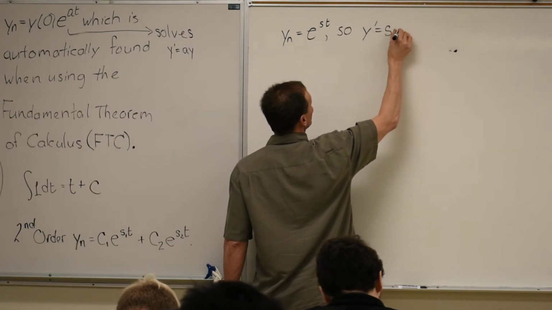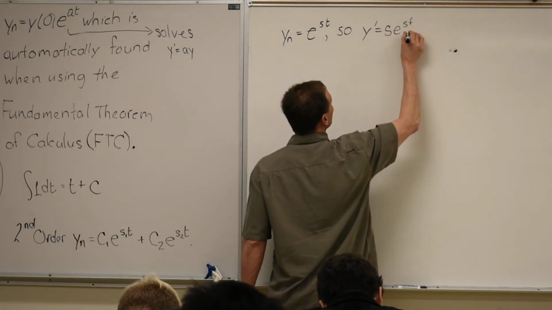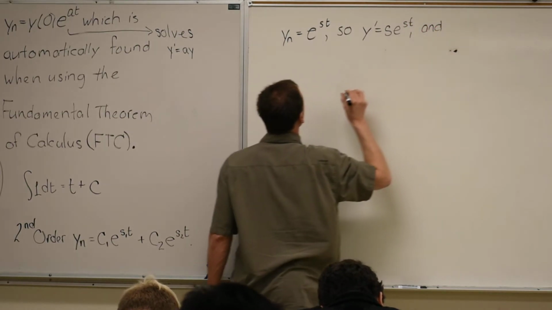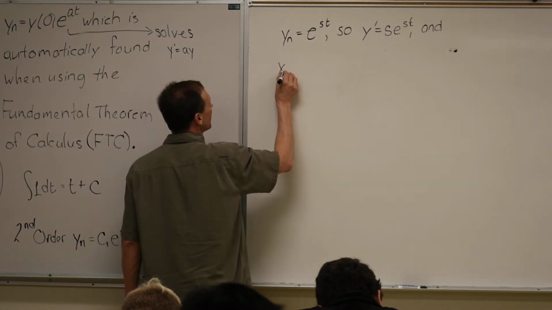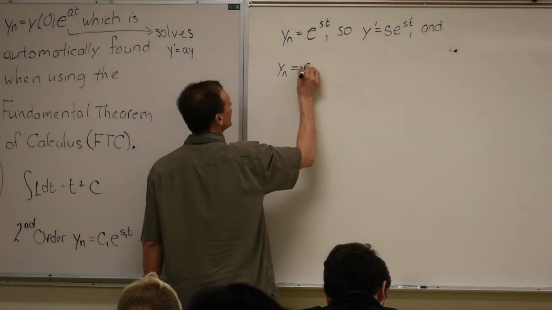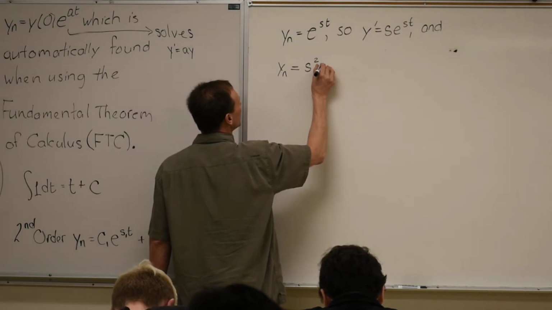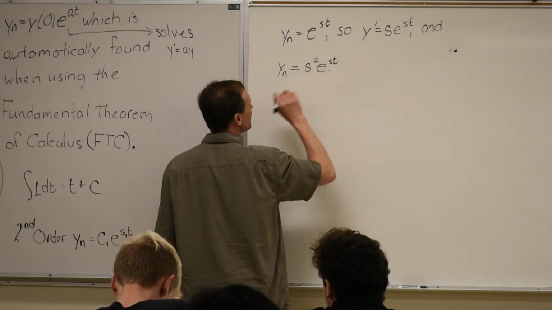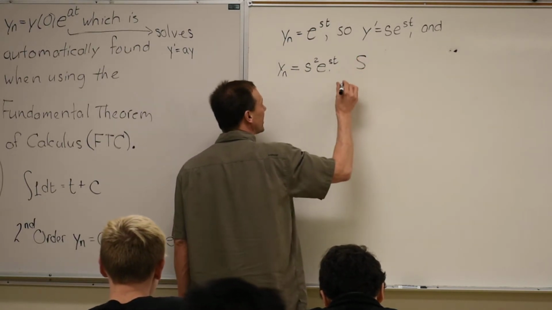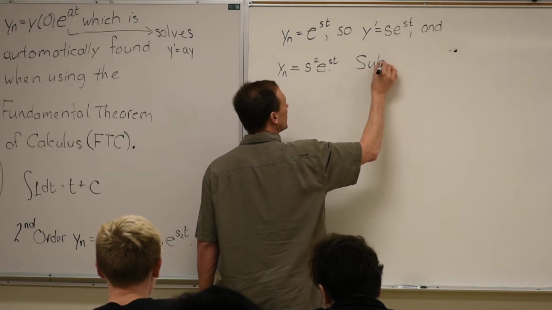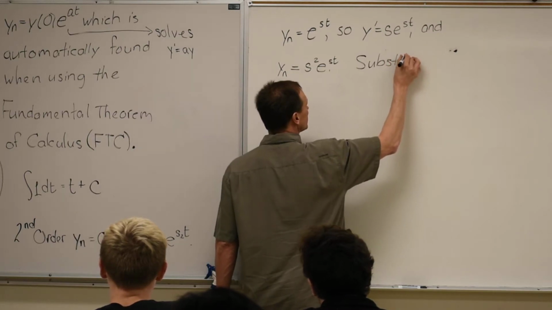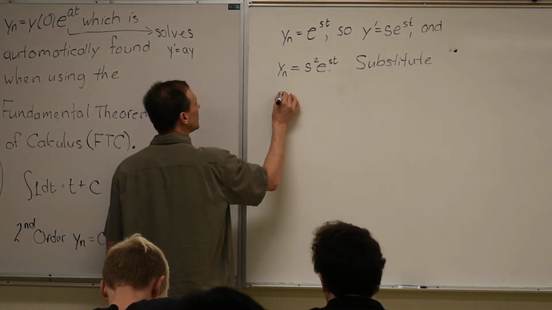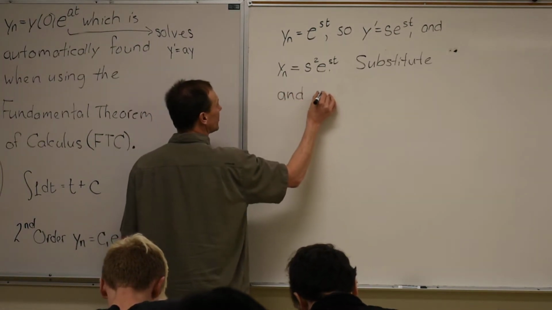That's s e to the s t, and y double prime for the null solution is going to be s squared e to the s t. Substitute and solve.